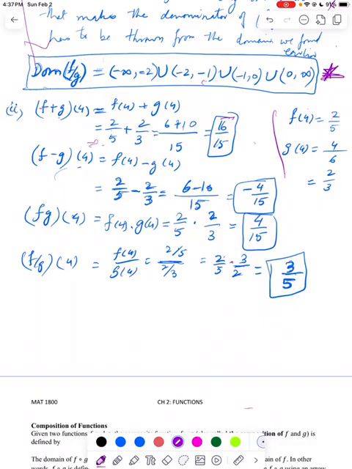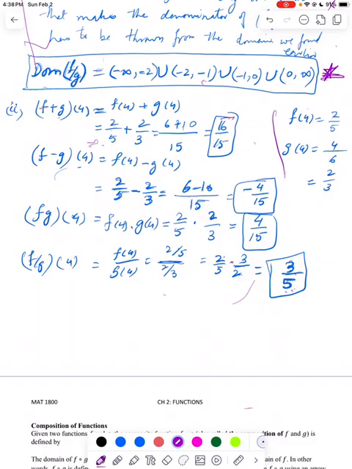Which fraction goes up in the numerator? The first one. So the first fraction, 2 over 5, goes in the numerator, and the second fraction, 2 over 3, goes in the denominator. Then change the division sign into a multiplication sign, and we end up getting the result 3 over 5.